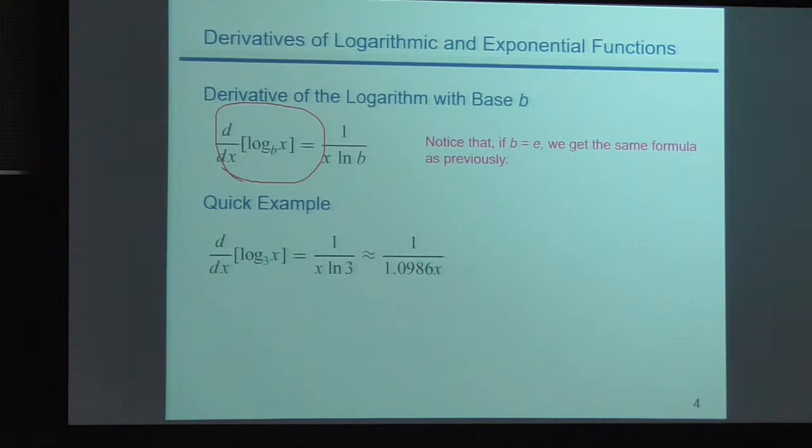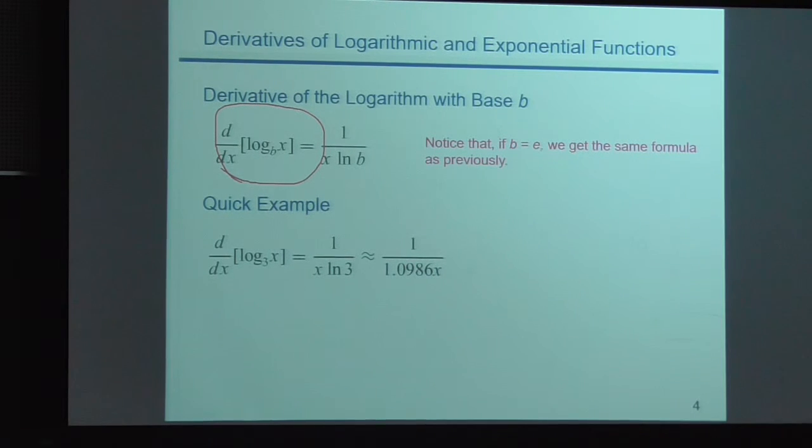It should give the same answer when we use e for b. When we replace b by e, ln of e gives me 1, so the whole thing is 1 over x, which is what it should be. So this is a generalization of the previous rule.